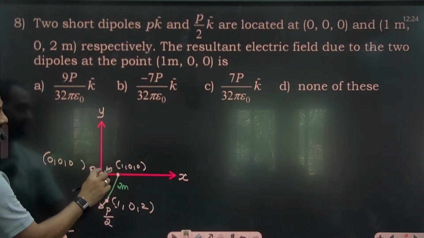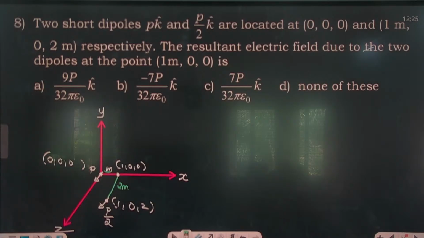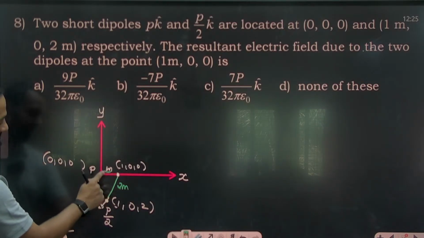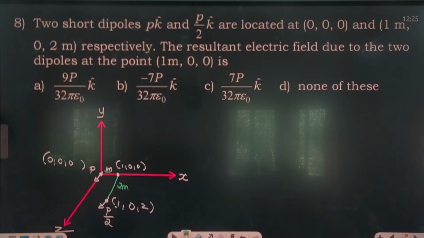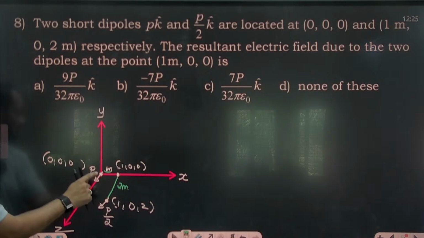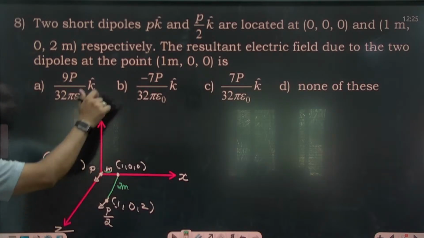It is at a distance of 1 meter, and from this dipole, this point is at a distance of 2 meters. Now we need to find the direction. On this point, because of this P and this P by 2, will it be the same or the opposite direction? For an axial point the field is in the direction of P. For an equatorial point it is the opposite direction of P. We know the direction of P here.